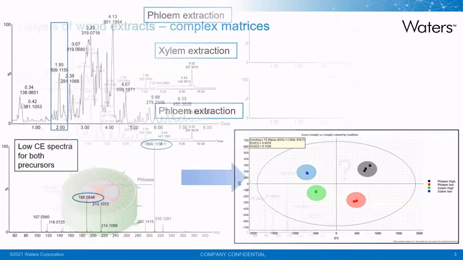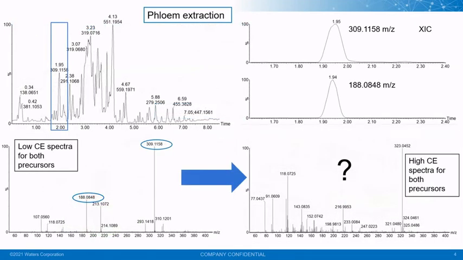So if we zoom in on one of these chromatograms in the top left corner, this is one of the phloem extractions, and just look at a single peak within this chromatogram at 1.9 minutes. Below that, we have extracted the low collision energy spectra, so the precursor ions, from underneath that peak. Just taking the two largest ions within that peak, we can happily see these are two different molecules of interest, but they're both co-eluting at the same retention time.